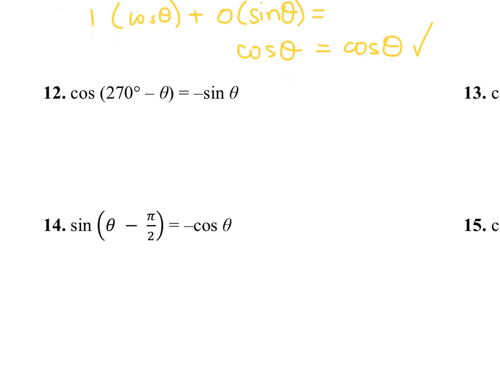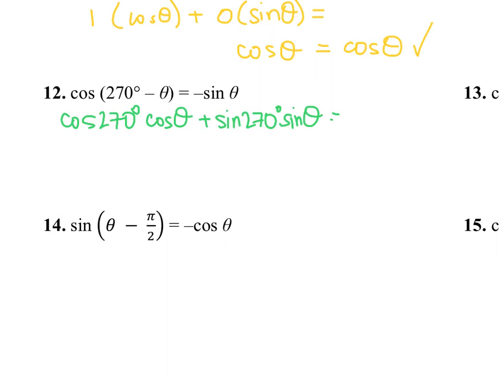Okay, number 12. We have the cosine of the difference of angle identity. So this is going to be cosine, cosine plus sine, sine.